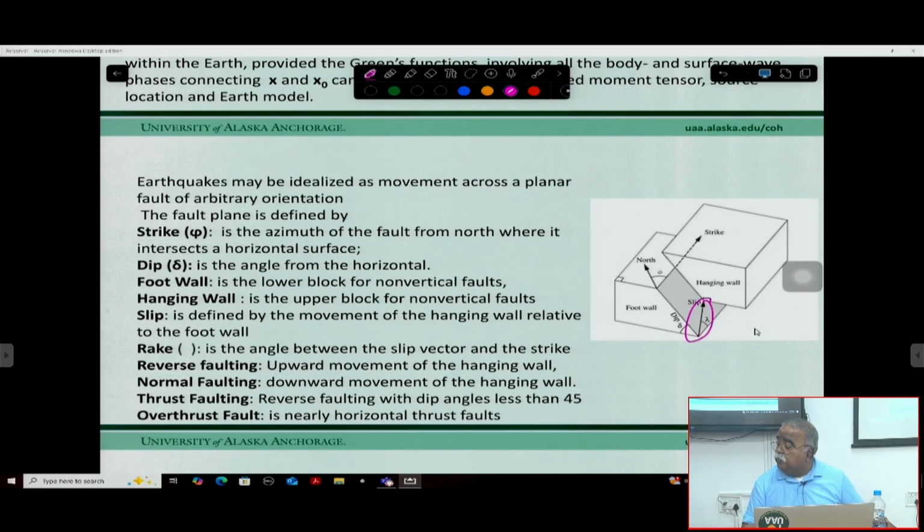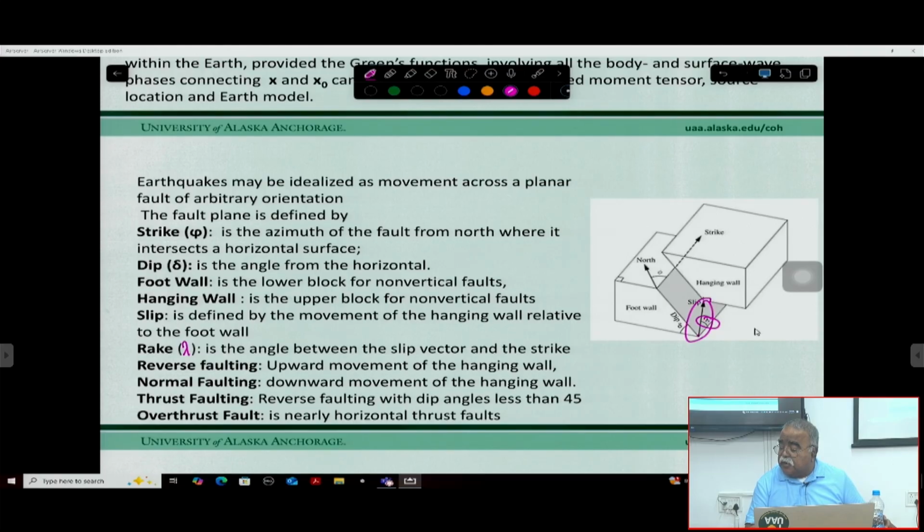And this is the slip, and this angle from here is called the rake. The rake angle is called lambda, right? And then you know what normal faulting is, what reverse faulting is, and the overthrust faulting.